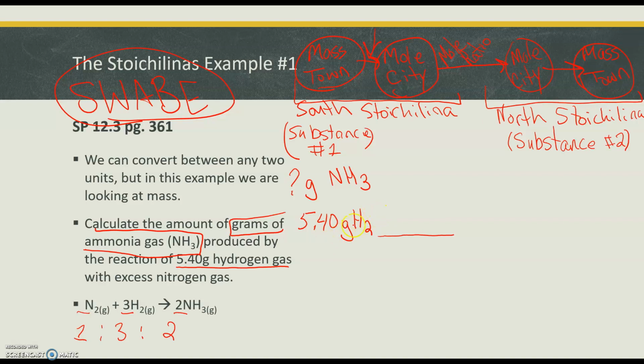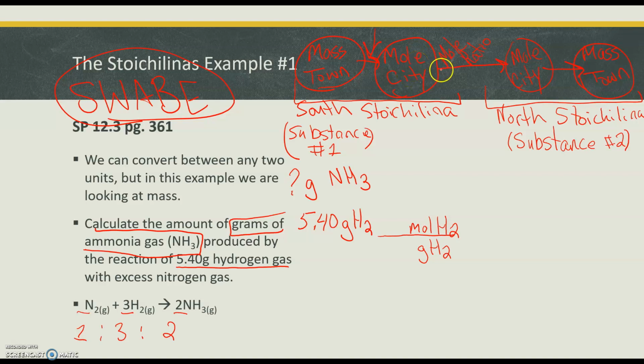We want to cross out our grams of hydrogen gas, so we will put this on the bottom. Our molar mass is grams per mole, so moles of hydrogen gas will go on the top. That delivers us here to our mole city of South Stoichiometry.